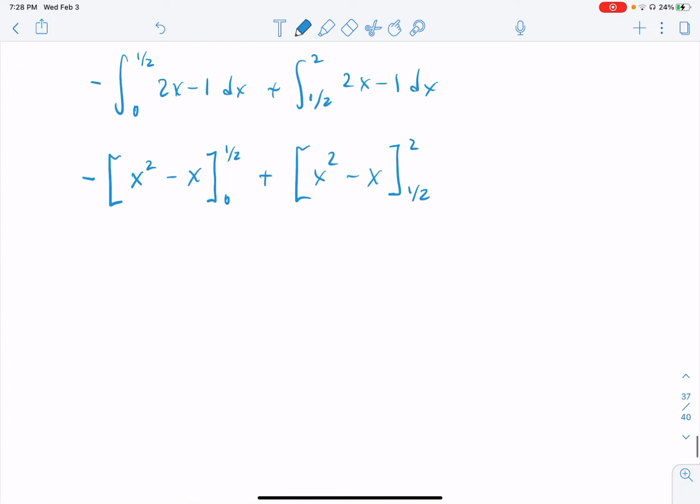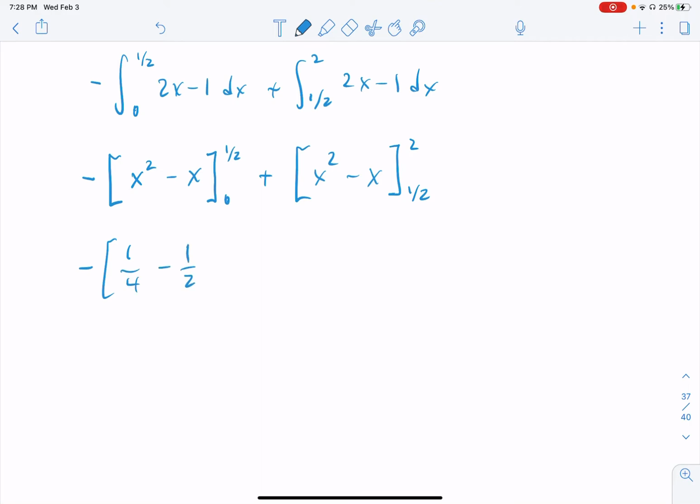Now let's plug these things in, and then what order do they go in? Which one do you plug in first? Gotta plug in the top one minus the bottom one. And this is always your best friend if you get to do it with 0, because if it's a polynomial, at least all of that stuff is going to be a whole bunch of nothing. So negative of, we got a half squared, so it's a fourth minus a half.